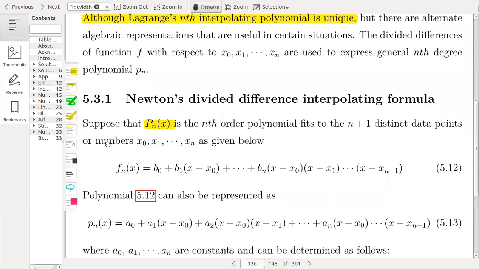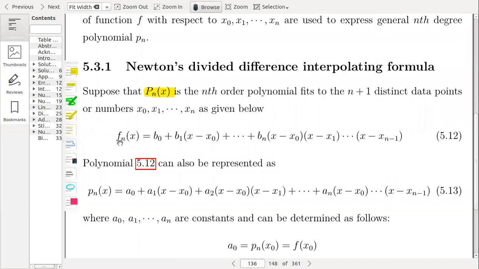So it means the nth order polynomial fitting the n plus 1 distinct data points can be written as fn of x equal to b0 plus b1 times x minus x0, plus and so on, bn times x minus x0 into x minus x1, and so on, x minus xn minus 1.